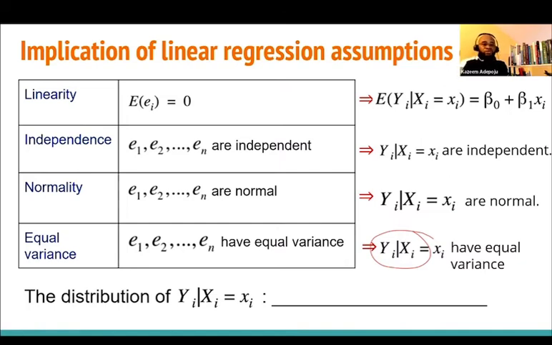And the moment the error across countries has equal variance, then y_i given x_i equal to small x_i will also have equal variance. So this is the implication. And let me tell you this: if these are not met, it's going to be an exercise in futility.